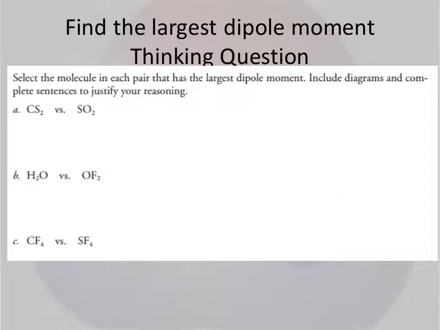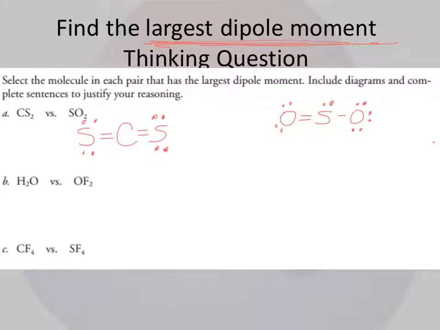All right. Next, we're looking at wanting to find the ones with the largest dipole moment in each pair. To be able to do this, you really got to have the structures. All right, there we go. That's better. So now you see that we have our molecules drawn out. Over here on the CS2 molecule, hopefully you notice that the geometry is completely linear.